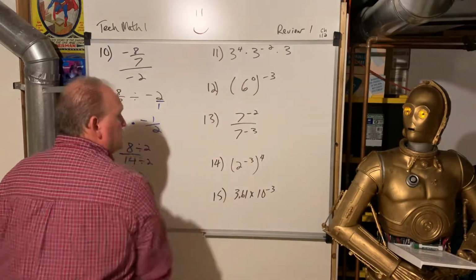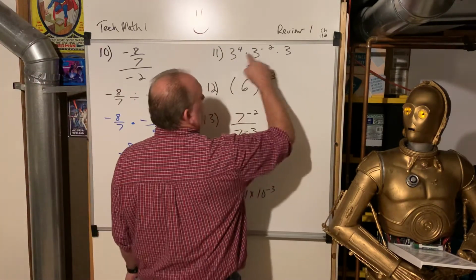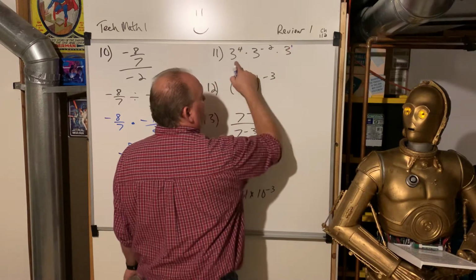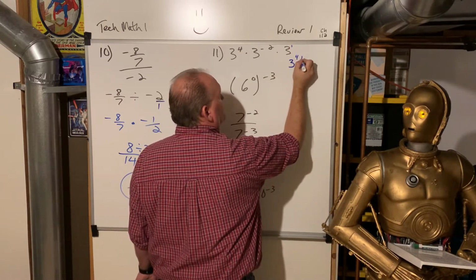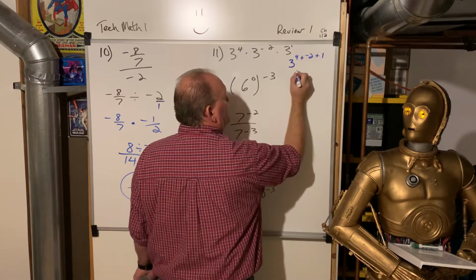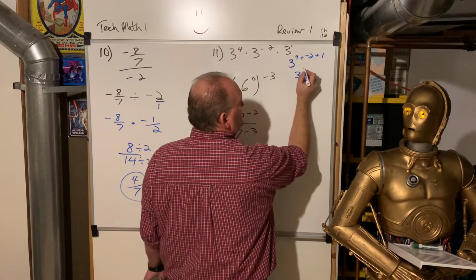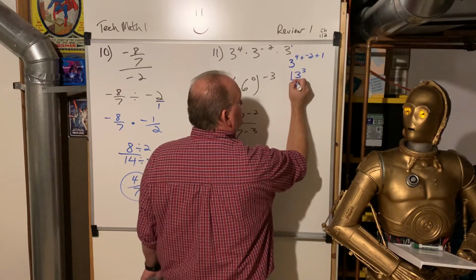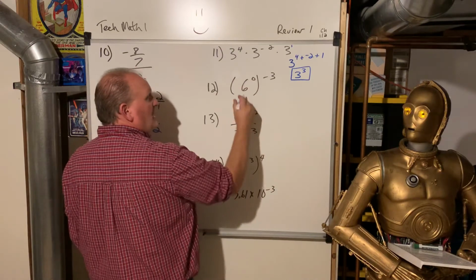These are all just different rules of exponents. So remember, when there's nothing there, there's a 1 there. When I have like bases like that, I can add up the exponents. So 4 plus negative 2 plus 1. So that would be, what is that? 2 plus 1 is 3. 3 to the 3rd. Anything to the 0 power is 1.